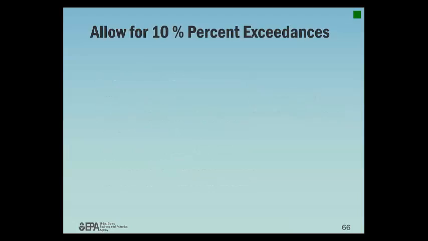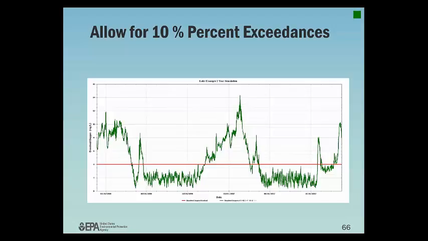Okay, we're going to look at another way to look at model output for allowing a 10% exceedance of an instantaneous value. In our case here, we have a lake example where we have 2 complete years of simulation. We have the 4 milligram per liter DO standard. But in this case, the standard allows for a 10% exceedance.